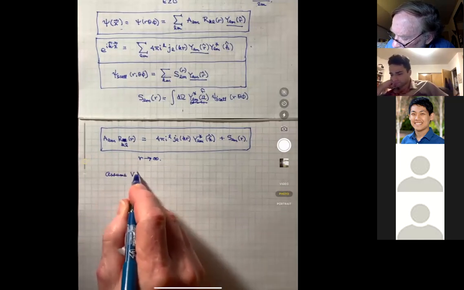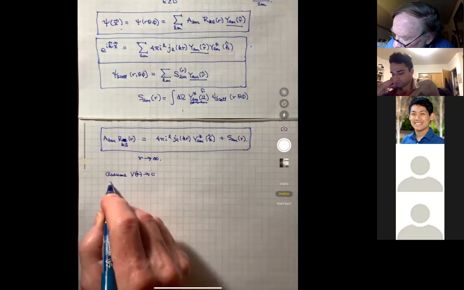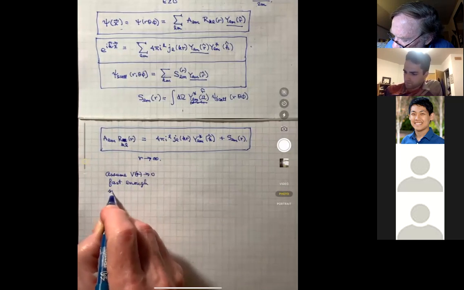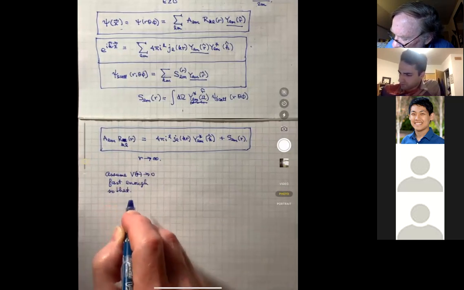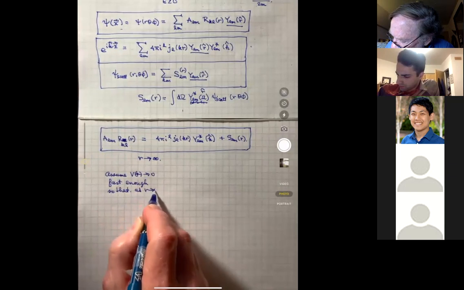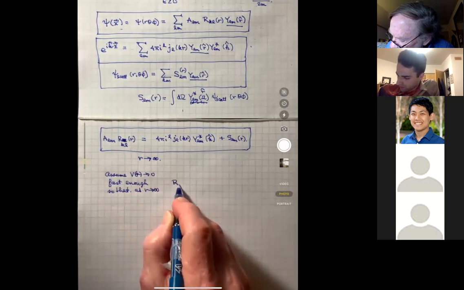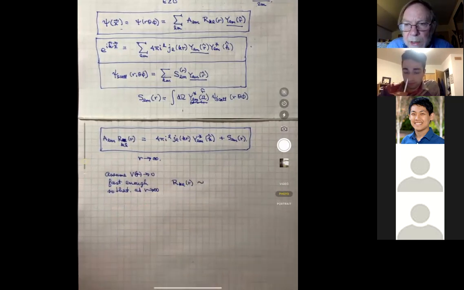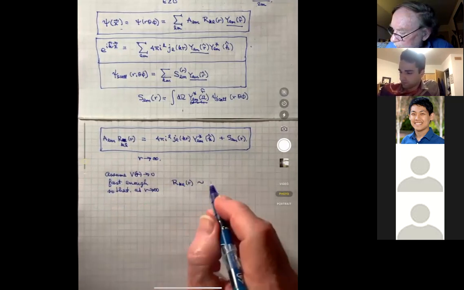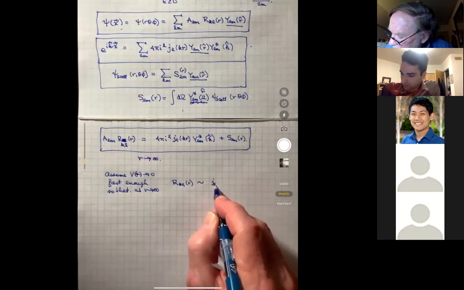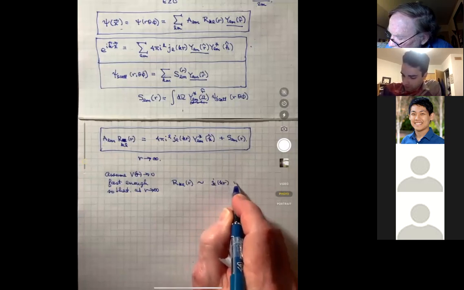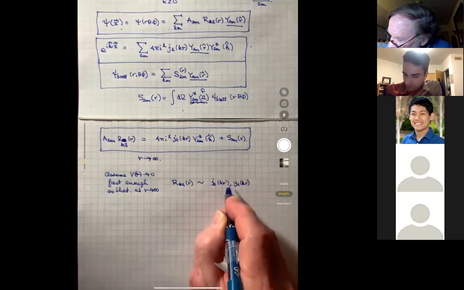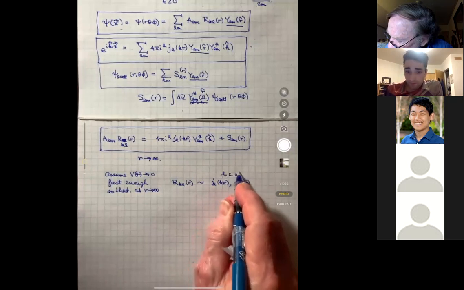Assume that V of r goes to 0 fast enough so that as r goes to infinity, the radial wave function R_kL of r should be dominated by, the leading order term should be the same as that of the free particle solutions, j_L of kr, y_L of kr. And what I should say is a linear combination of these two.